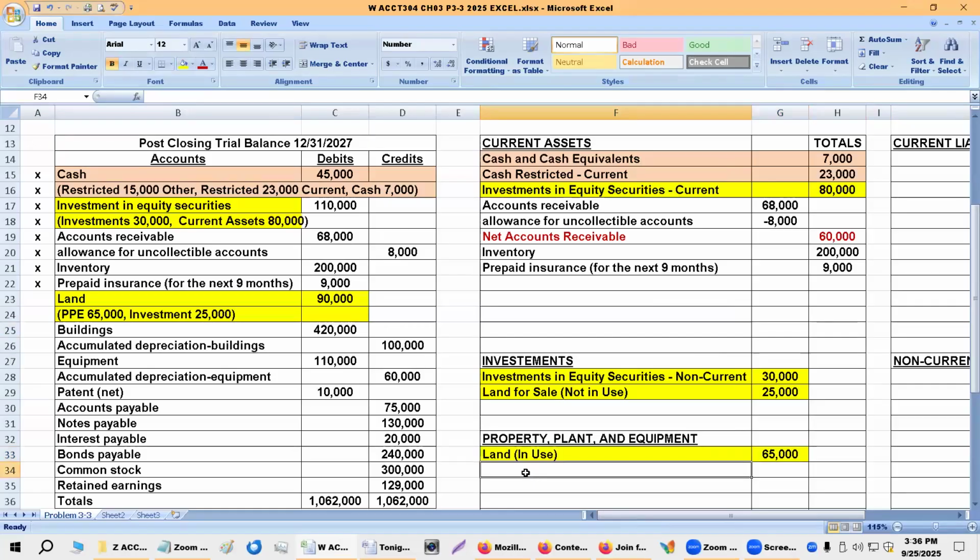Okay, so our land. And by the way, all this property, plant, and equipment has to be in use. The reason I say that is if you get a piece of equipment in at the end of the year that you're not using yet, it doesn't go in property, plant, and equipment, and it doesn't get depreciated until you start using it.